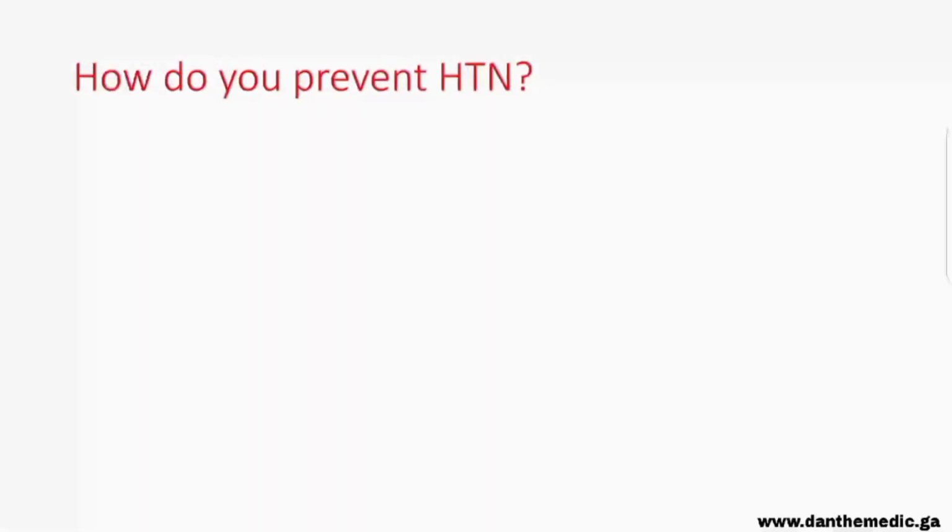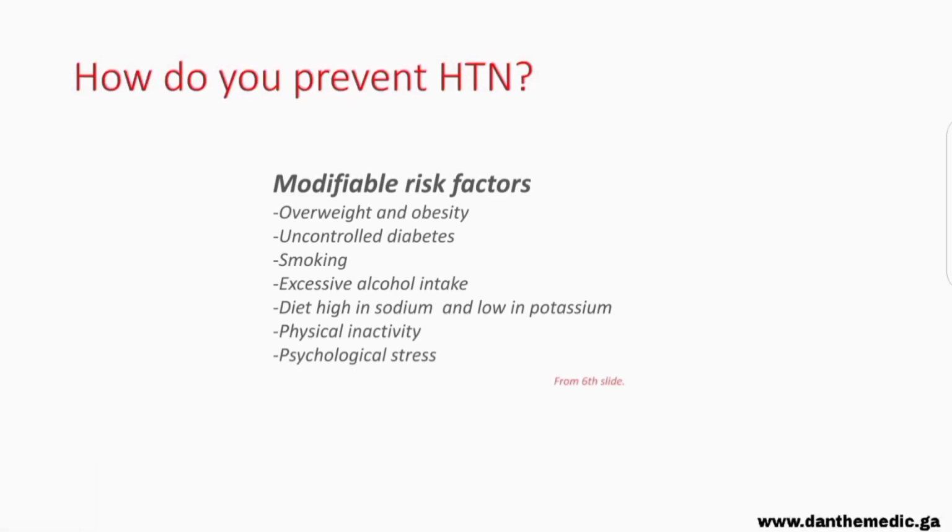So, how do you actually prevent hypertension? I'm pretty sure you remember I talked about modifiable risk factors when I was talking about the risk factors for development of hypertension. So, since these are the modifiable risk factors, these are the actual things that we should try to control. So, if someone is obese, all the healthy weight reduction techniques should be employed in this case.